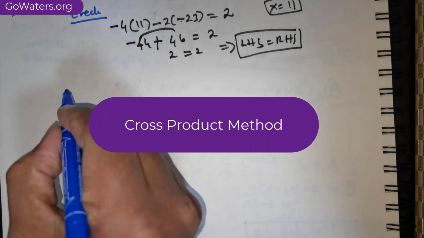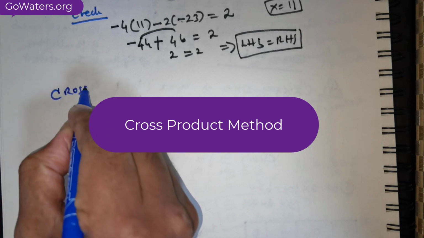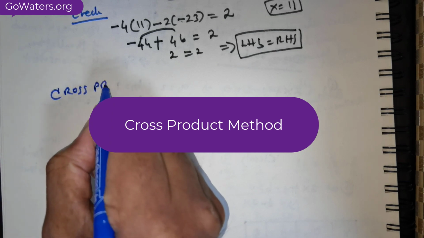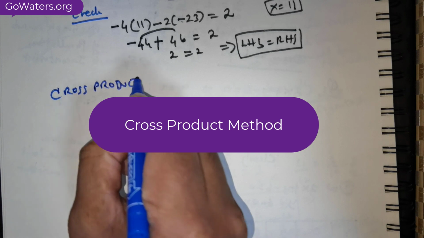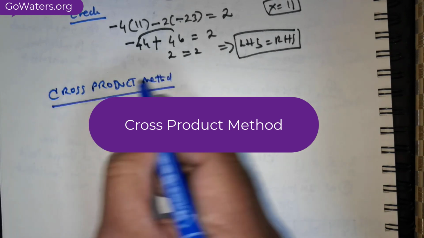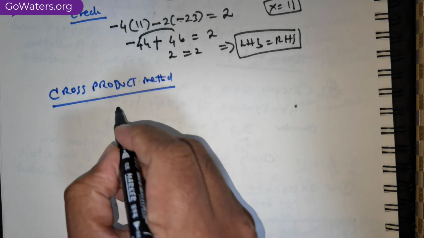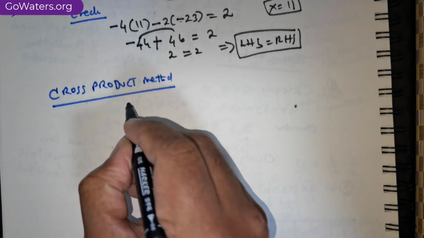Now this is the next method, students. This is called as cross product method. Sometimes it is also referred to as Cartesian product. Now suppose you are given 2 equations.